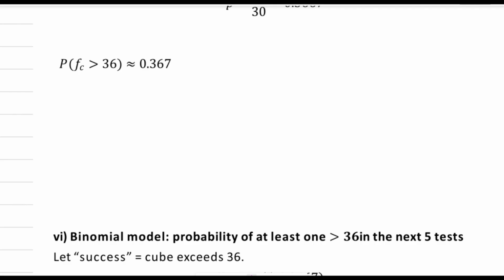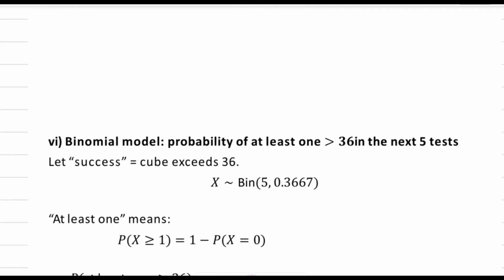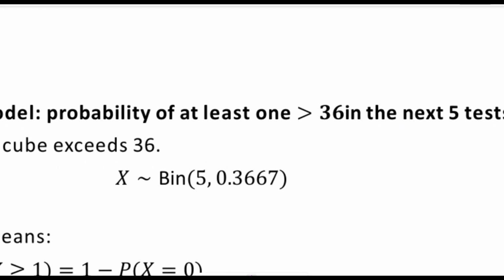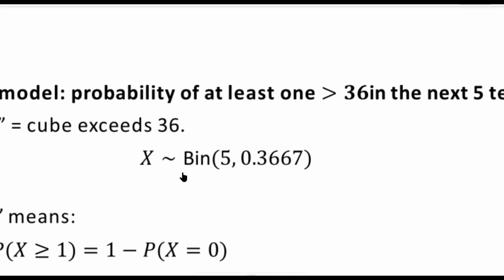But the last part of this example is asking about calculating binomial distribution here for the next 5 tests. So we need to write the binomial distribution in this way: the number of successes, then the number of trials, and then P, the probability.